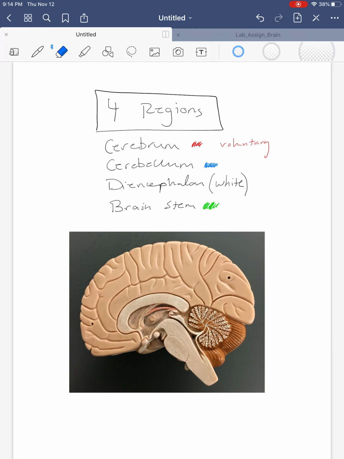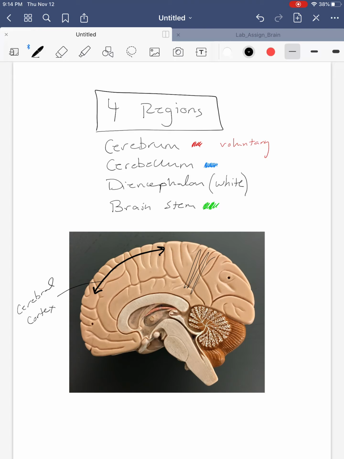And let's talk about the cerebrum. So the cerebrum is this whole region, but as a matter of fact, just the outer part we call the cerebral cortex. So just the outer rim is the cerebral cortex. Cortex means outer.